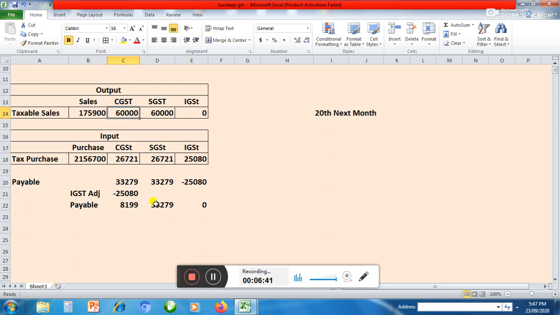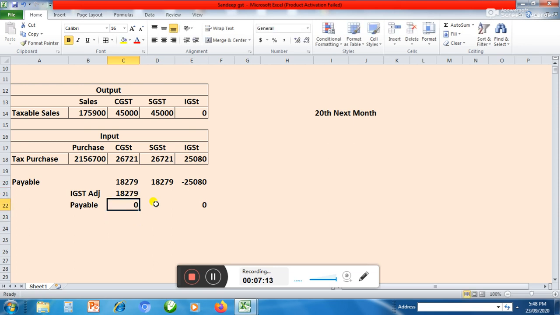I'll make one more example now. Assume that this is 45,000. Now let us see how to make the adjustment. Now IGST is negative. When I say output minus input for CGST, it is coming less than this. So I cannot utilize this 25,080 rupees directly in this. So how much maximum can I adjust in this? 18,279.